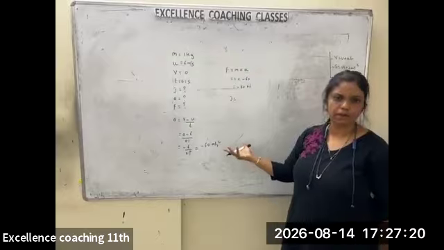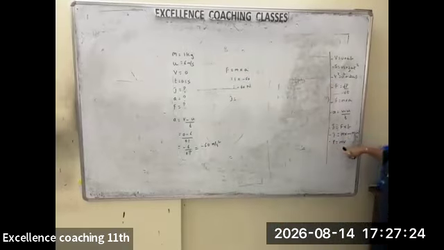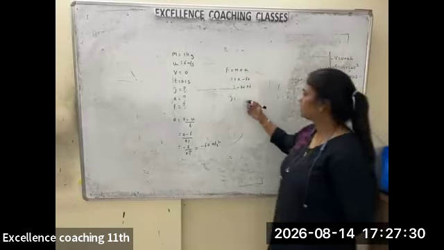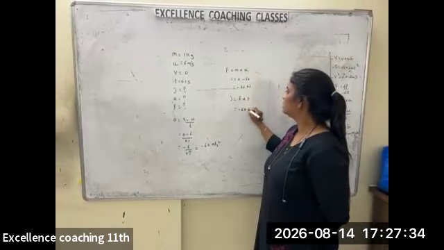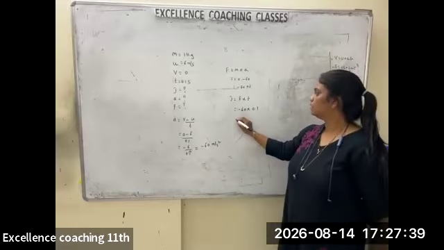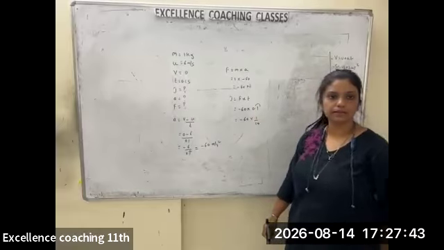MV minus MU you can find out. Which formula would you have used? MV minus MU. Or now you can even use F into T. Anyone, both will work. F into T, so minus 60 into 0.1. Minus 60, decimal point shifted by 1, it will be 10.